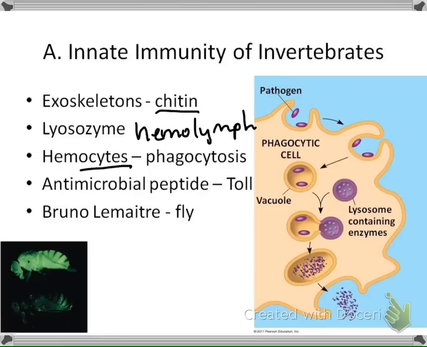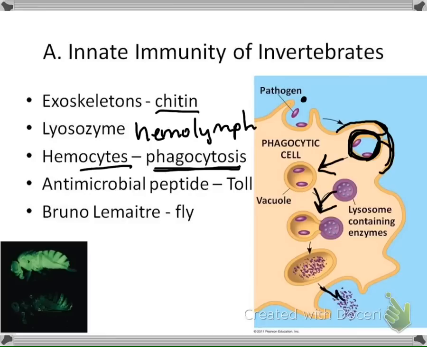So hemocytes travel through the hemolymph, through the insect circulatory system, and some can phagocytize cells or pathogens. So pretty much you have this lovely pathogen here, and the hemocyte will form arms around it until it completely encloses it in a vesicle or vacuole, and then that merges with the lysosome, and it digests it and then gets rid of it.